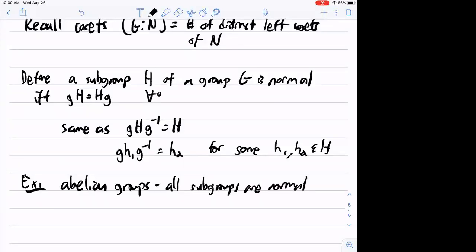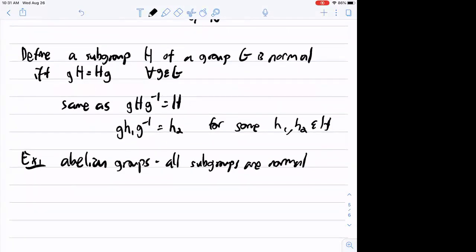This is for all g in G, where G is the bigger group. If I conjugate every element in H by g, I still get elements in H. Why is this the case? Because I commute, this is true. It's not hard. Because it's abelian, things commute, so I could move the g inverse past every element of H, and then I'm done.